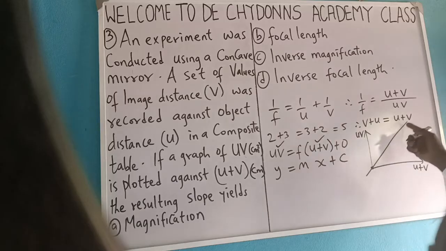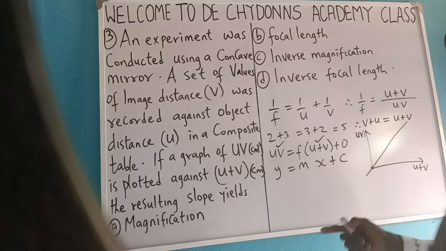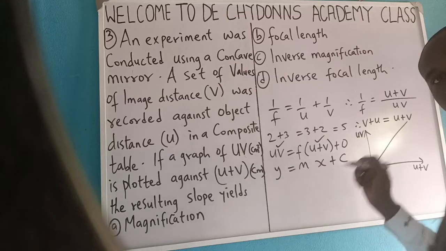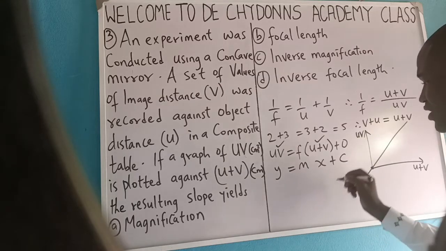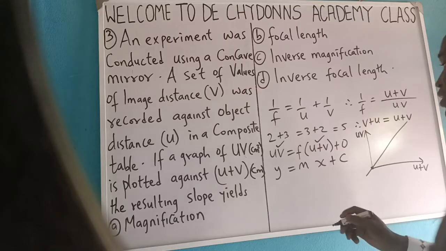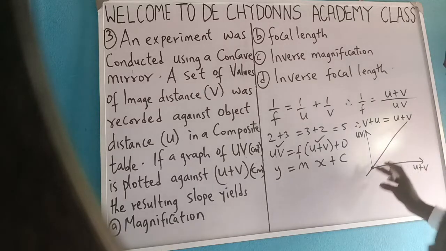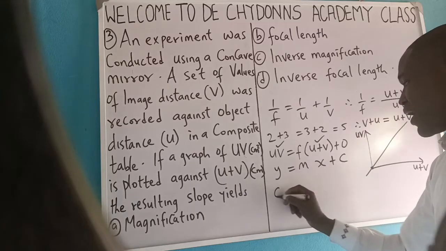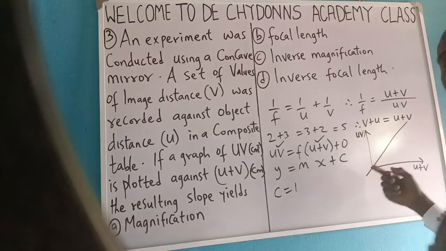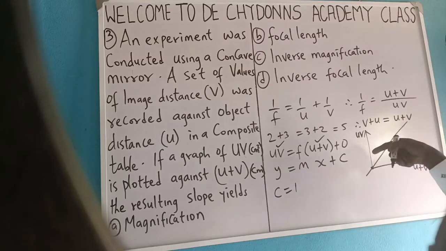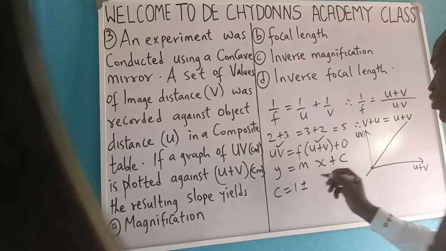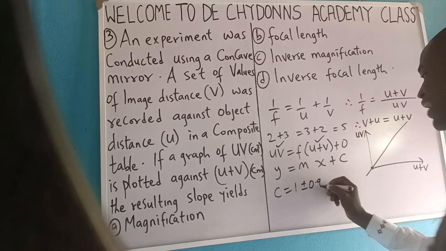So if it doesn't pass through the origin, ensure that you solve the error, conduct error analysis, and attach the error encountered as well. When you finish writing your answer, let's say I got my intercept to be 1, I must write my error, plus or minus 0.99.